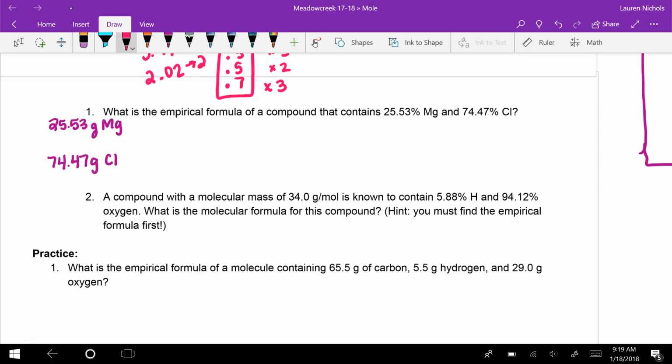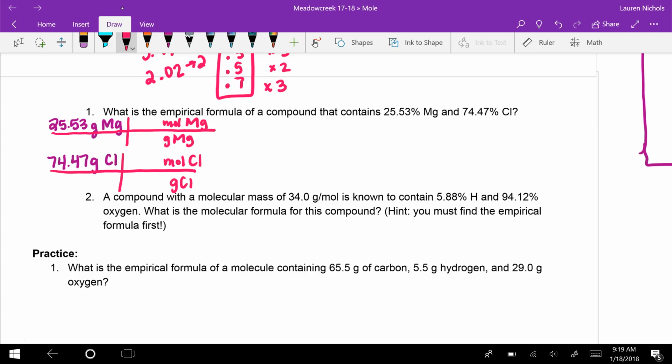Step number 2 is mass to mole. So I need to put each of these into their T-chart, and I need to convert from grams to moles. My grams of chlorine will go on the bottom, and I'm going to convert to moles of chlorine, grams of magnesium on the bottom to moles of magnesium.